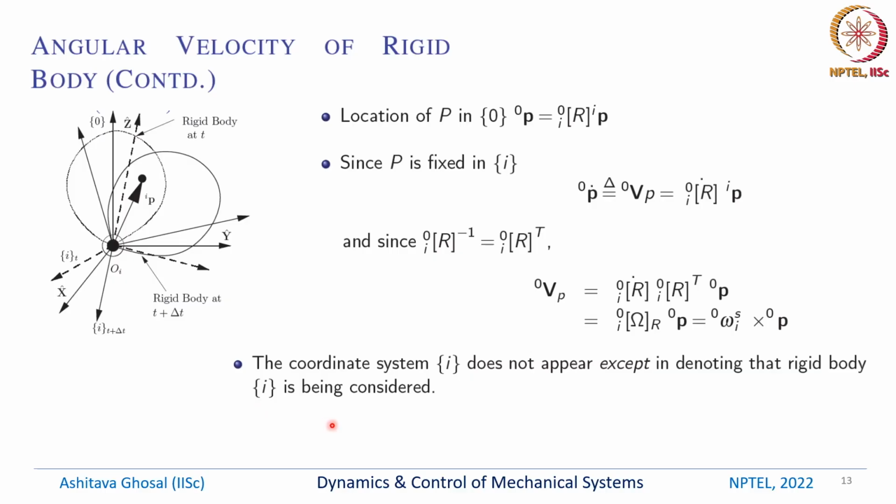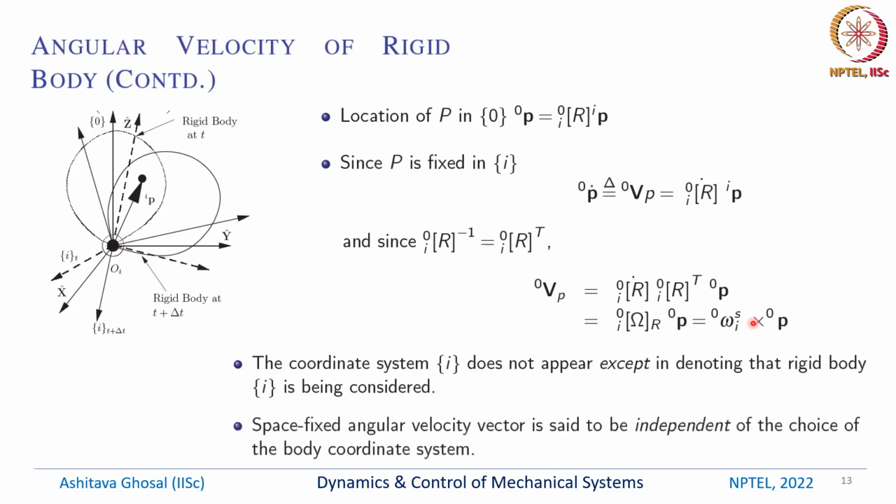This is important: the linear velocity of a point in a rigid body which is rotating with one point fixed is like omega cross r, and that omega is the space fixed angular velocity vector. Since I is not appearing anywhere in this expression except to denote the rigid body, everything is with respect to 0. So the space fixed angular velocity vector is said to be independent of the choice of the body coordinate system.